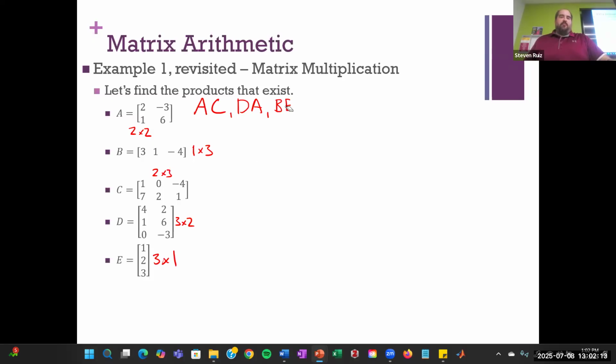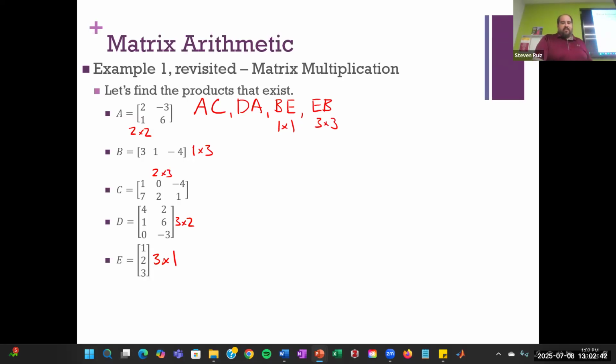So we can multiply BE, and that'll make what order of a product? 1 by 1. That'll be a 1 by 1. So that'll give you a single entry. What about the other direction? Does EB exist? Yeah. EB should exist as well. What order product will that be? 3 by 3. So both directions work there.